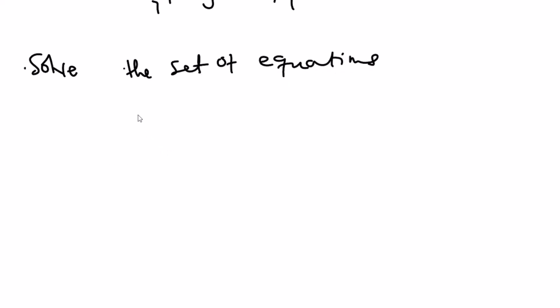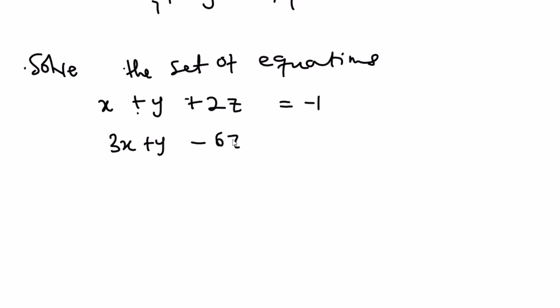We have x plus y plus 2z equals -1. Then we have 3x plus y minus 6z equals 7. Then we also have negative x plus 2y plus 2z equals what? 0.